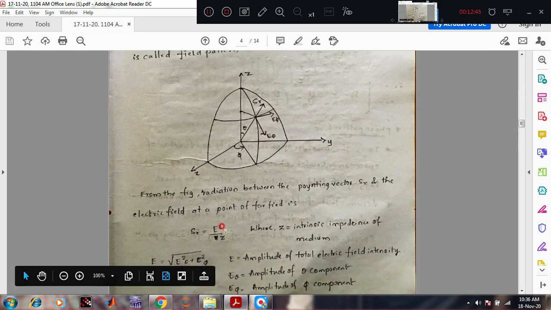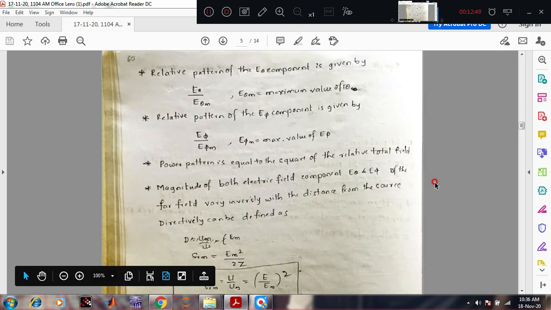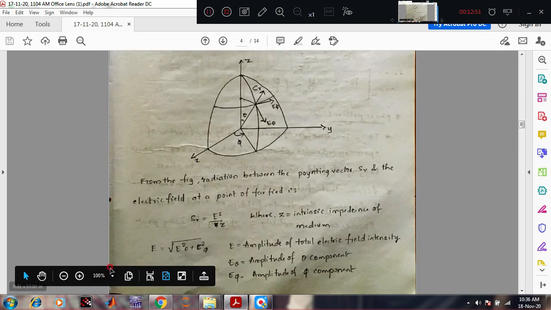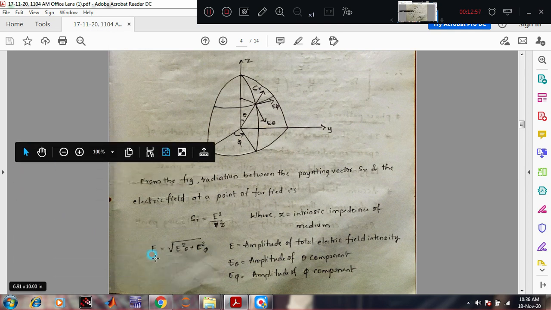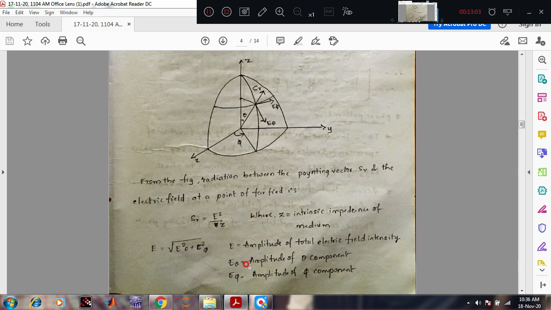Which is given by E square by Z, where Z is the intrinsic impedance of the medium. Its magnitude is given as E is equal to square root of E theta square plus E phi square, where E is the amplitude of total electric field intensity, E theta is the amplitude of theta component, E phi is the amplitude of phi component.